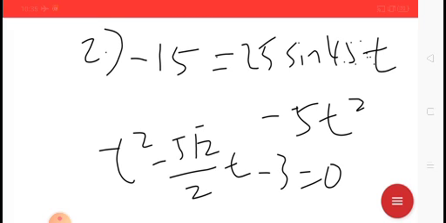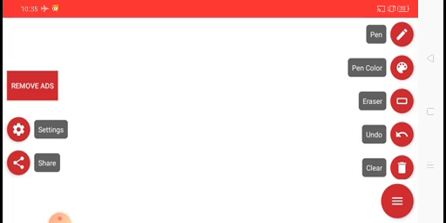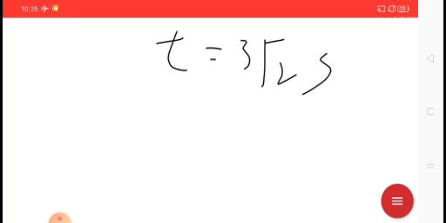If you want to insert the surd form, you can also. As normal, you have to show how to solve it. Once you solve it, you will get t equal to 3 square root 2 seconds. So this is for the time.